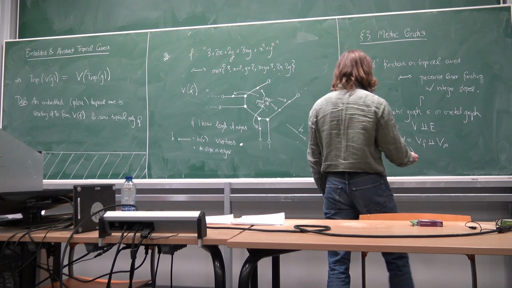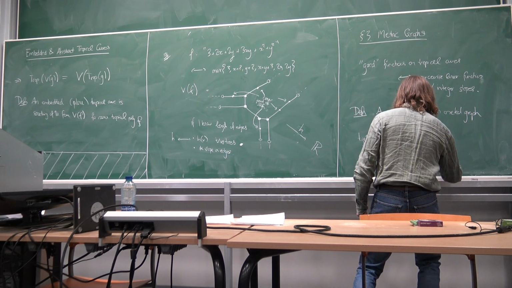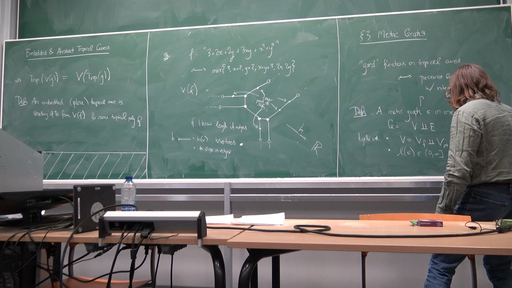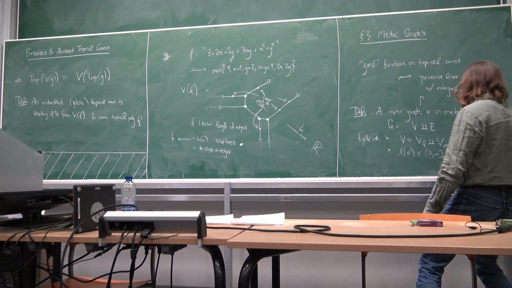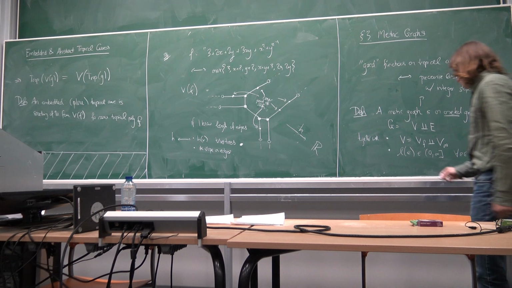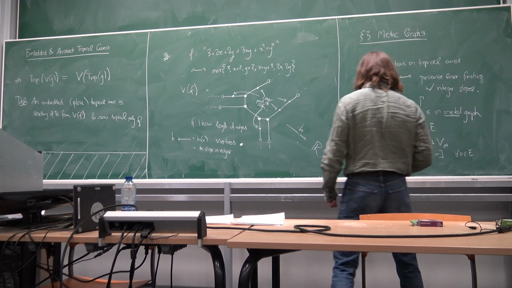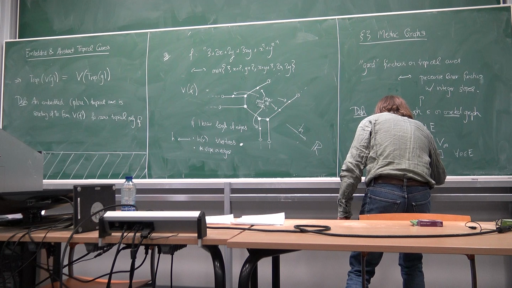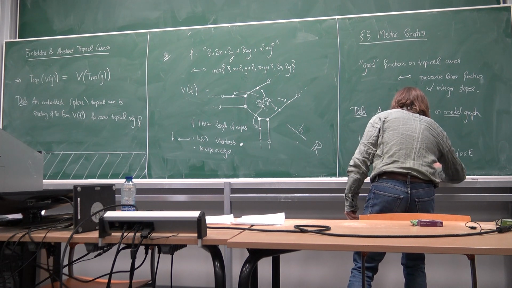Then a positive real number or infinity for all edges. So in other words, I have a length for every oriented edge. I should emphasize this. And then finally, the bit that doesn't really make sense is an involution of the set of edges.